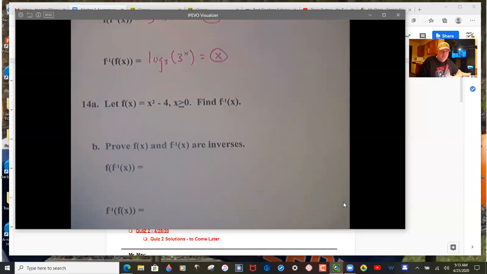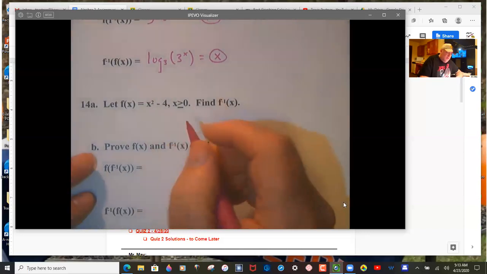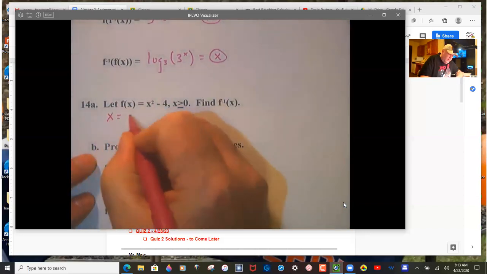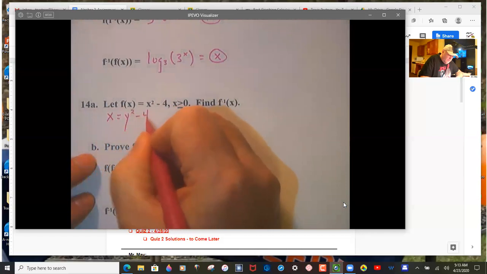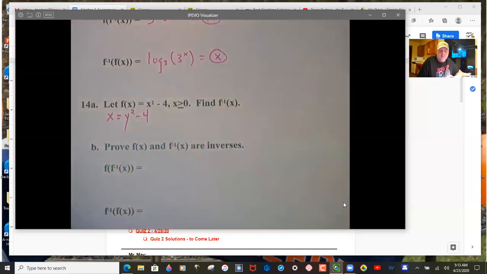Okay, and then last one, this is a quadratic. Now we have to say x squared is greater than or equal to 0 because we need to take the right-hand side of quadratics or just the left-hand side of them. Because if we took the full quadratic, it would not have an inverse because its reflection is not a function.